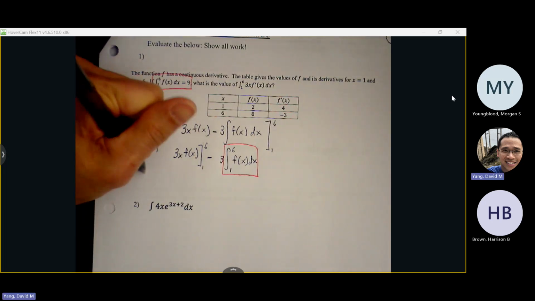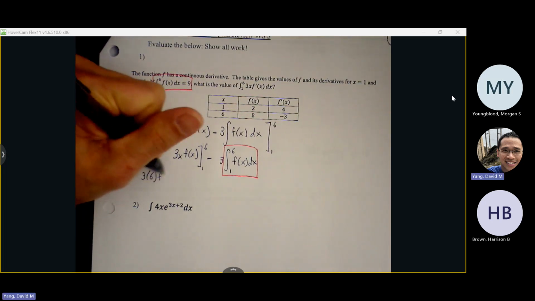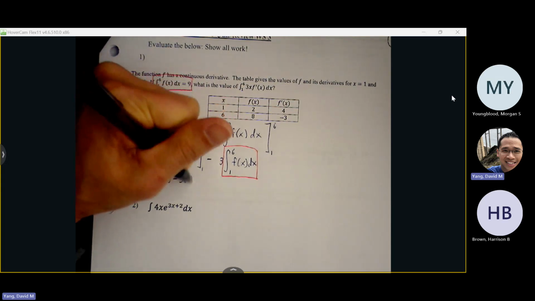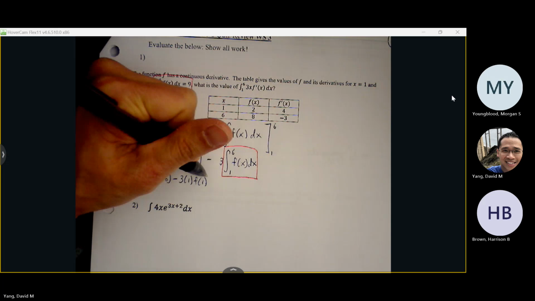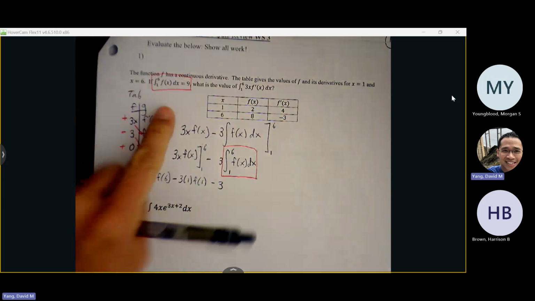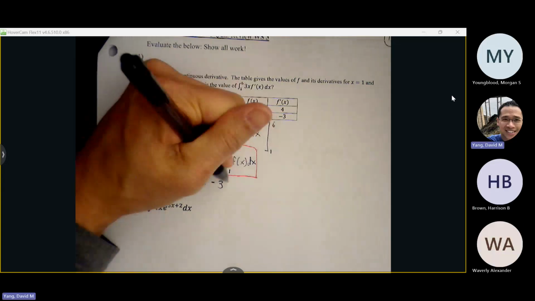So upper bound first: 3 times 6 times f of 6, minus, then plug in the 1, 3 times 1 times f of 1. And then minus 3 times 5.